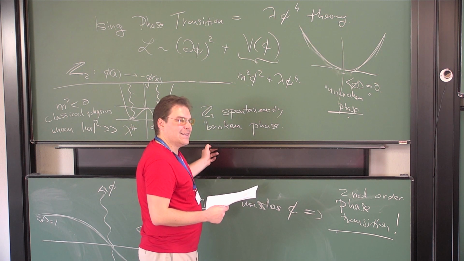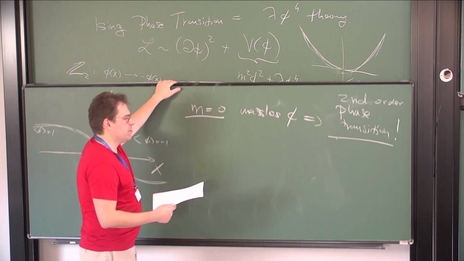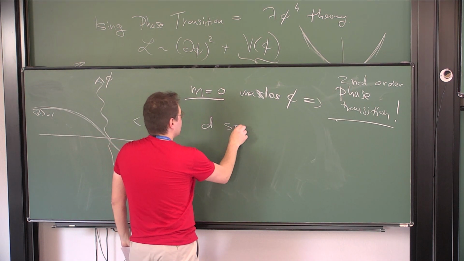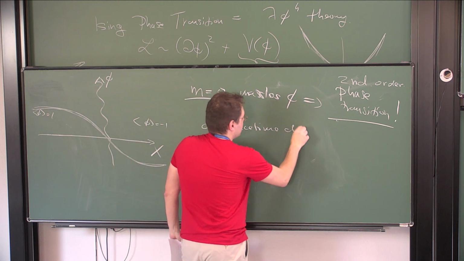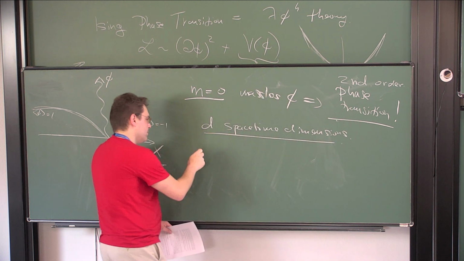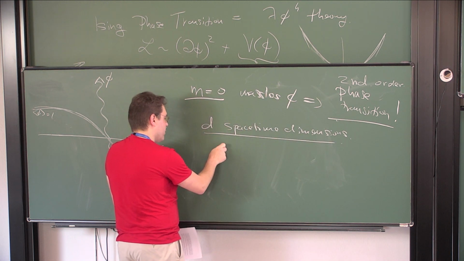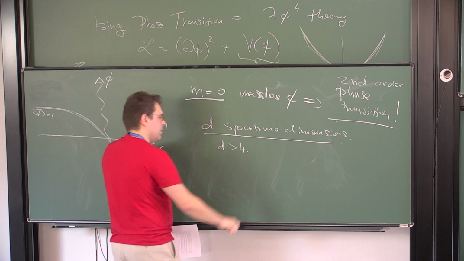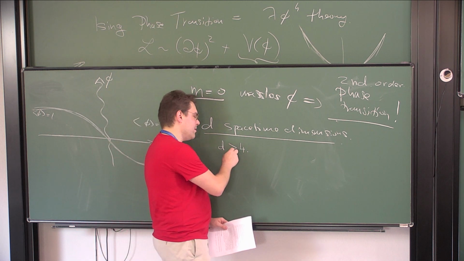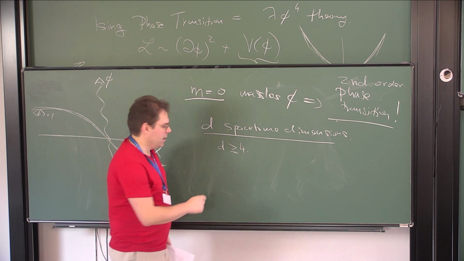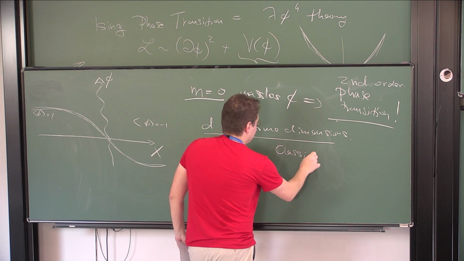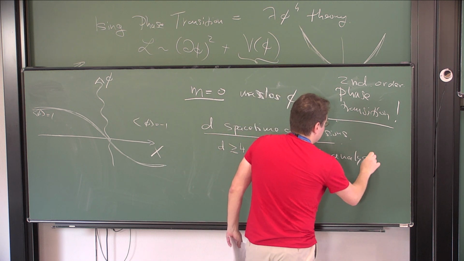Okay. So it turns out that there's a notion of critical dimension, which Landau understood. So let's study this theory in d space-time dimensions. There's a critical dimension, which for this model is 4. And when the space-time dimension is bigger than 4, even naively when it's equal to 4, we'll say something about 4 in a second, then the classical analysis was reliable.